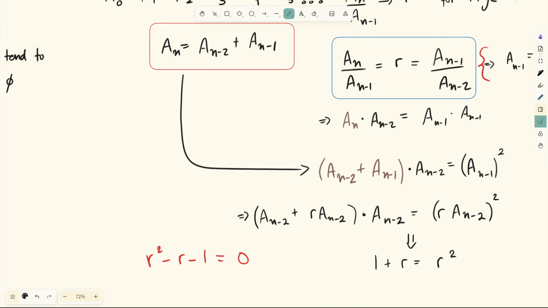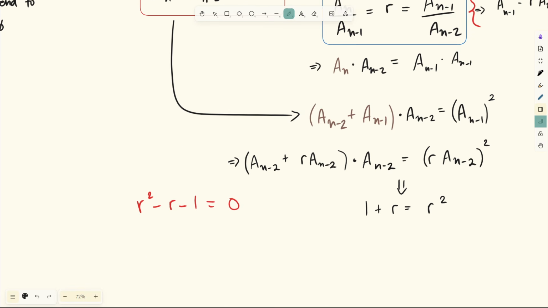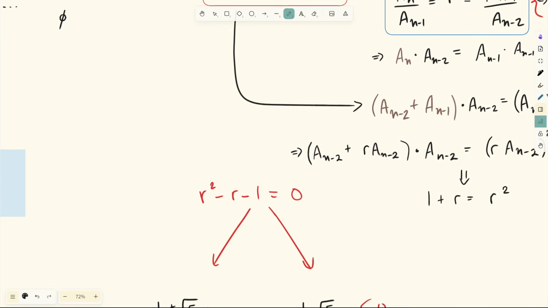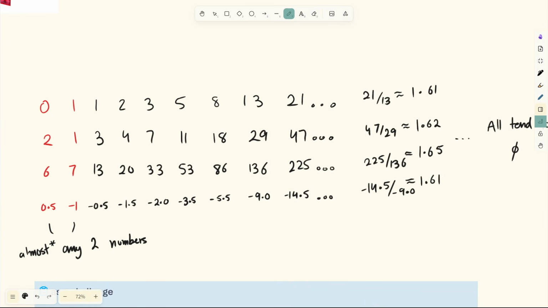So you just take this to the other side. It turns out that this quadratic has these two solutions. Now this one is positive and this one is negative. And remember, R is the ratio between the terms. In all these series, you can see that eventually the numbers end up having the same sign.